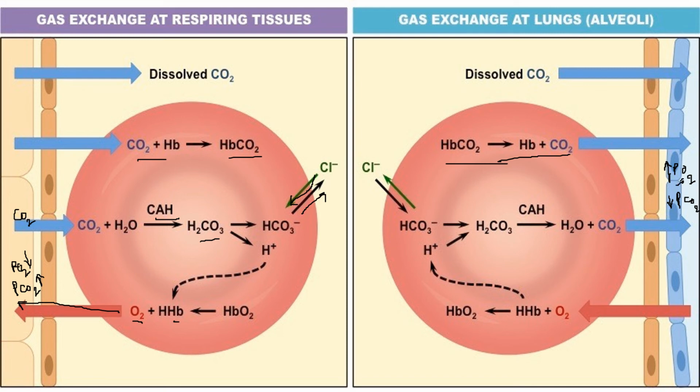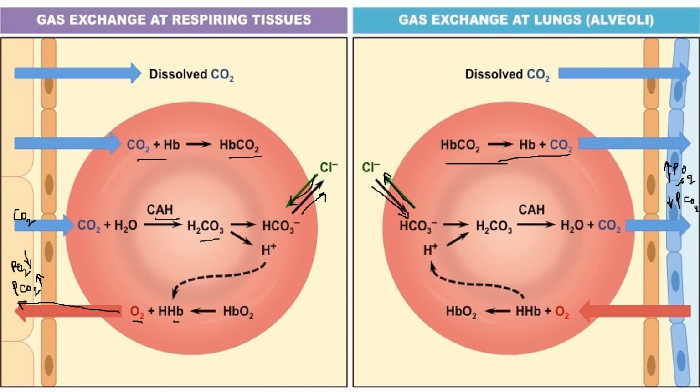oxygen. So here the bicarbonate ions are flowing into the RBC cell. In order to maintain the ionic concentration, the chloride ions are moving outside. And this is called reverse chloride shift.